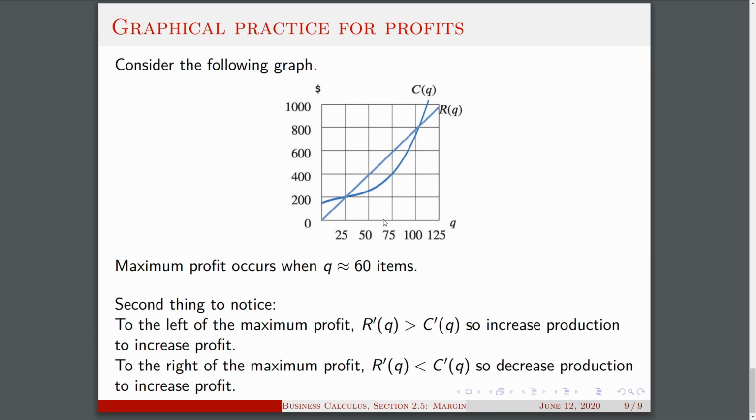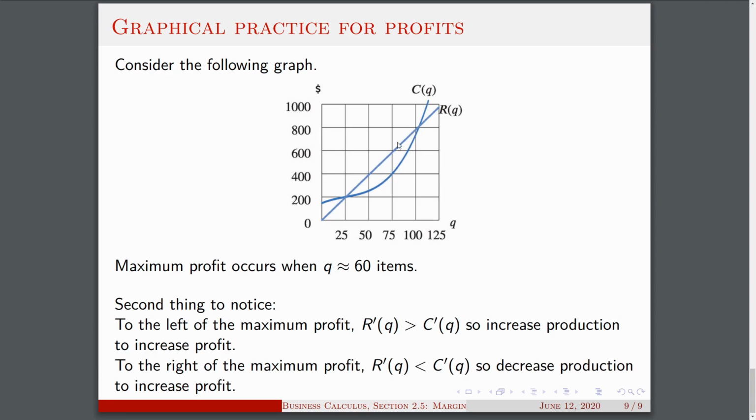All right. Now after this point, from here about 60 onwards, the cost function overtakes the revenue in steepness. So notice that the cost function becomes steeper at somewhere around here. It becomes steeper. That means that from then on, the profit is decreasing.